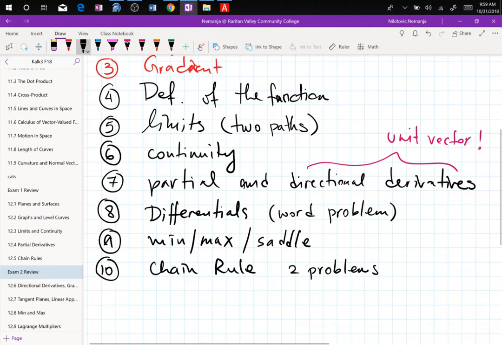So 2 problems. I'll just put tree only for number 1, and number 2, full calculation. For full calculation, we are clearly looking for something that is maybe 2-variable based, or something that you can do quickly.